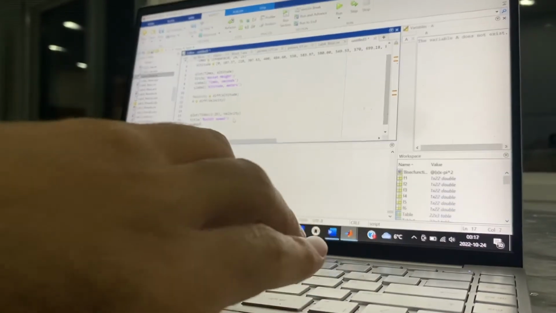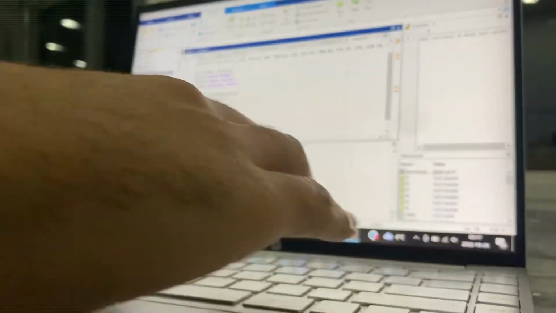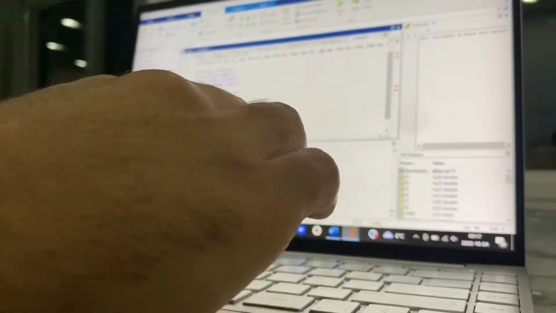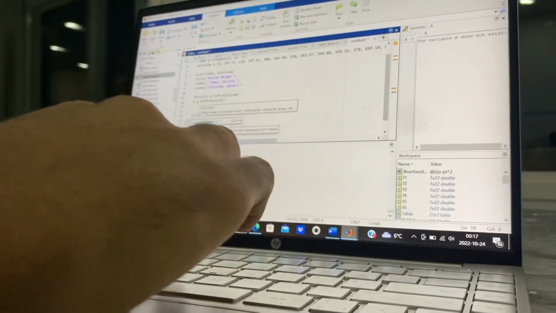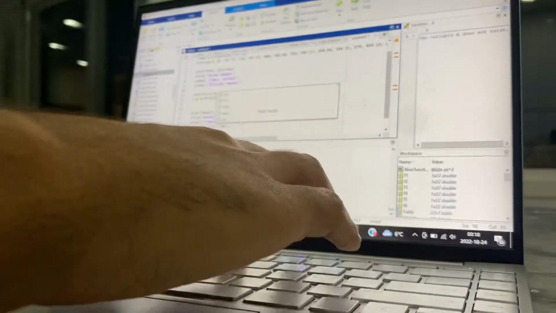So the X label here is also times seconds, and the Y label is the velocity in meter per seconds.